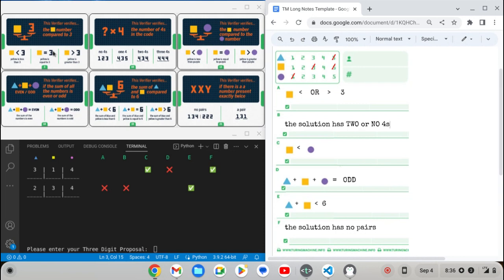Yeah. Okay, so we do have 4 1 4 and 1 4 4 as possible solutions. What else? Could we be dealing with an all odd? Well, remember, it's either all distinct or all the same.